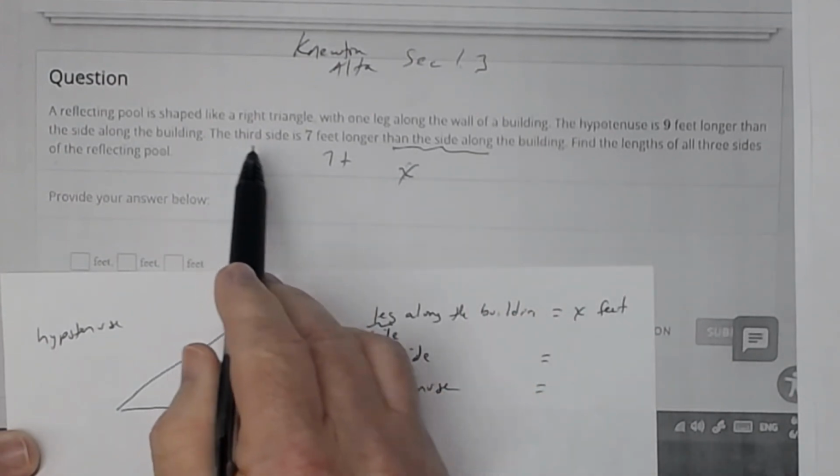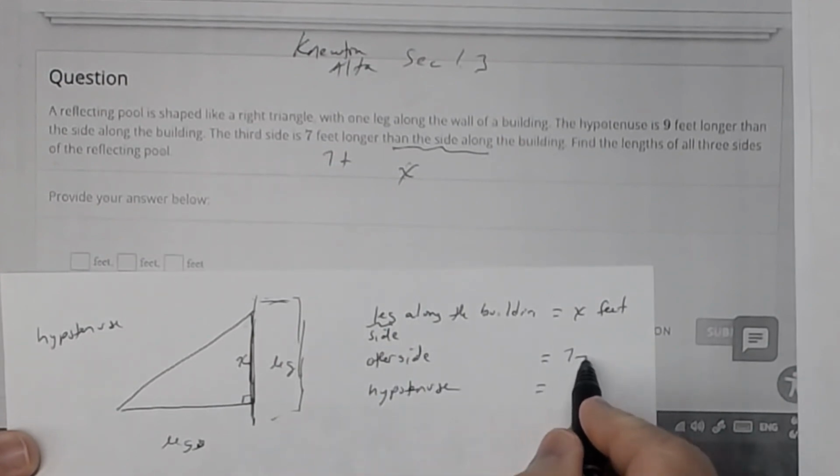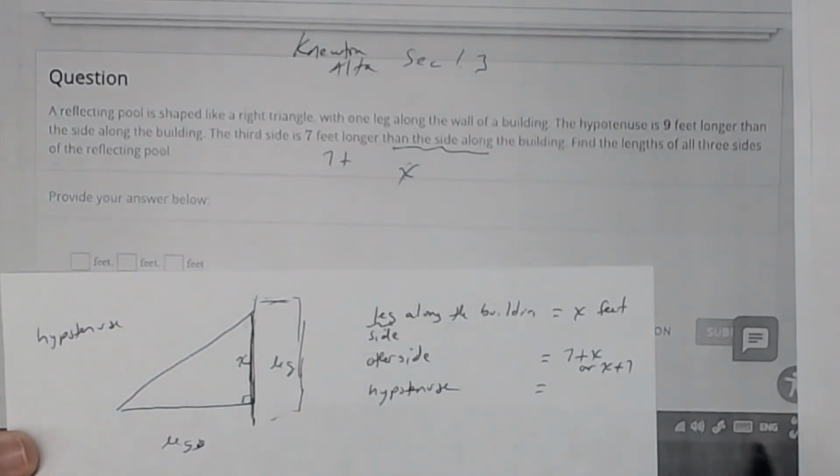So that means that the third side here, this other side, is 7 plus x. Now remember, addition is commutative. The order in which you add does not matter. So someone else could have said x plus 7. 7 plus x is the same as x plus 7. Remember, this means 7 feet more than the side along the building.